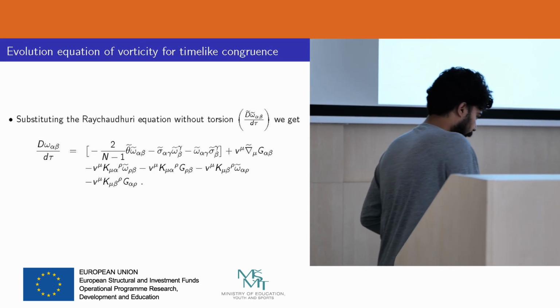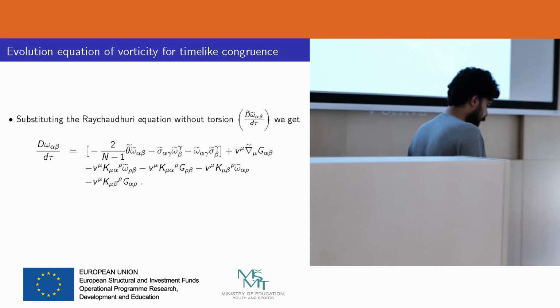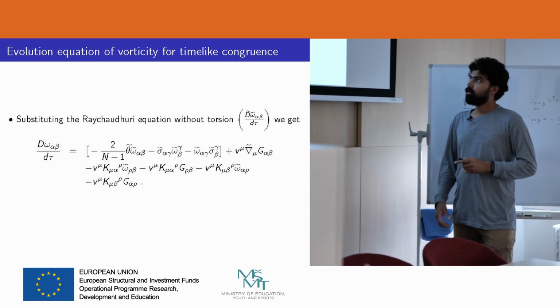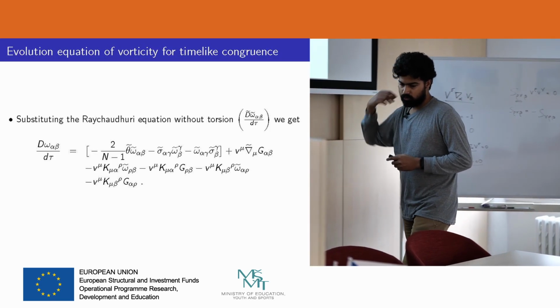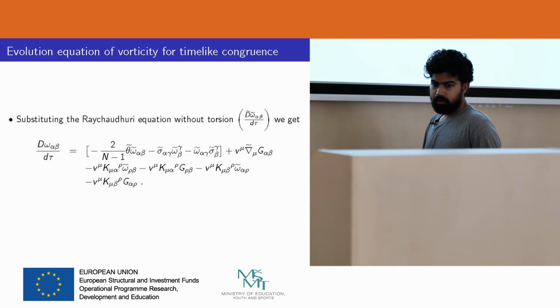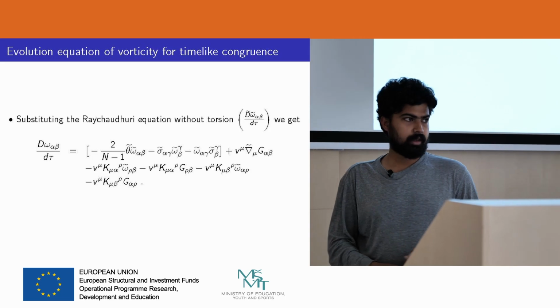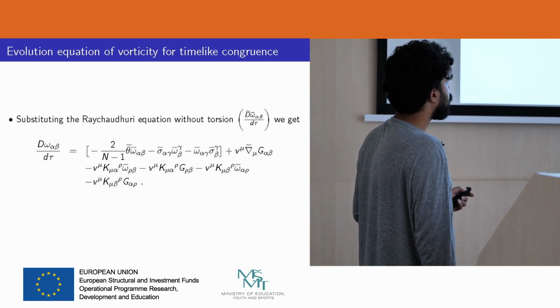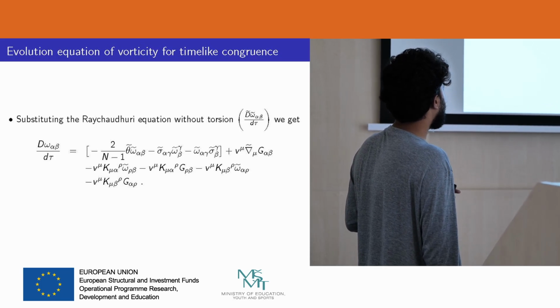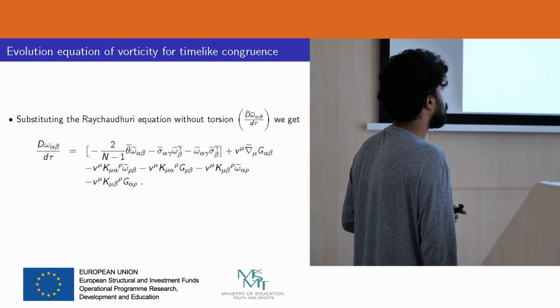So what we have seen today is that these Raychaudhuri equations in a space-time with torsion can be written in a way that there is the Raychaudhuri equation without torsion plus terms due to the presence of torsion.